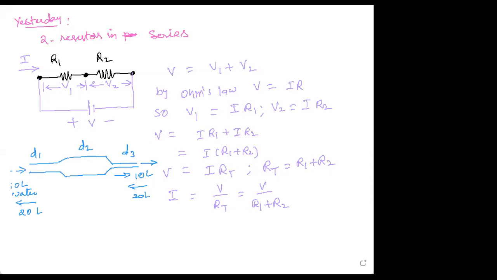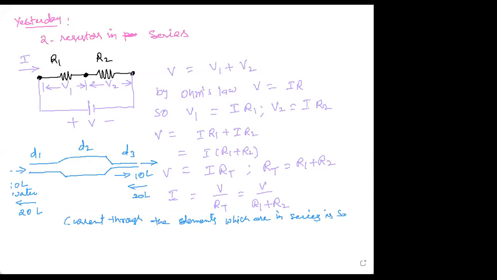So that is what happens in the case of electron current also. Okay. So current through the circuit elements which are in series is the same.